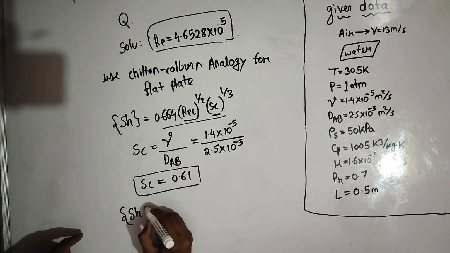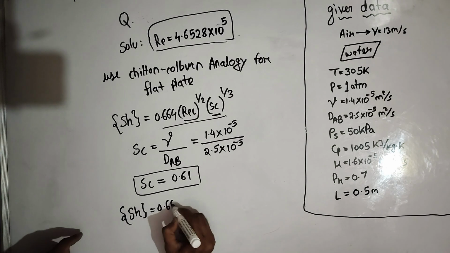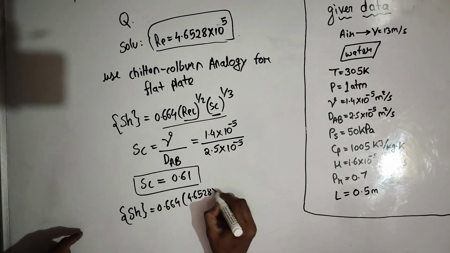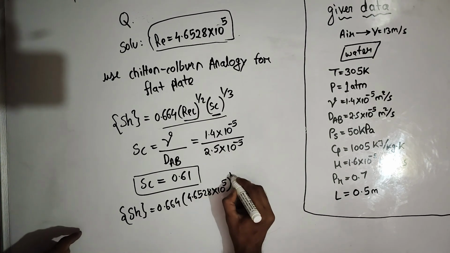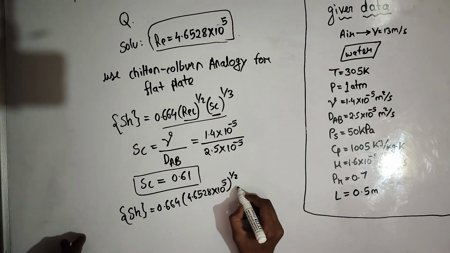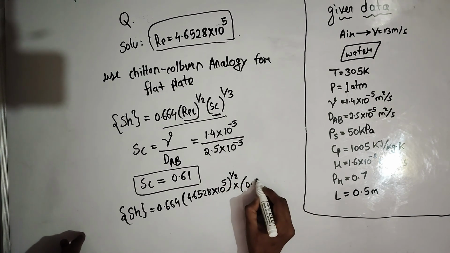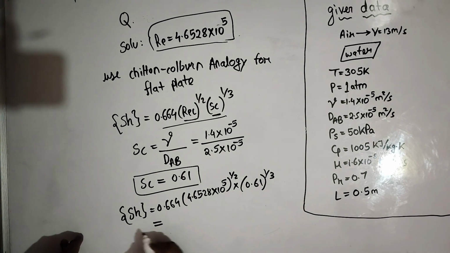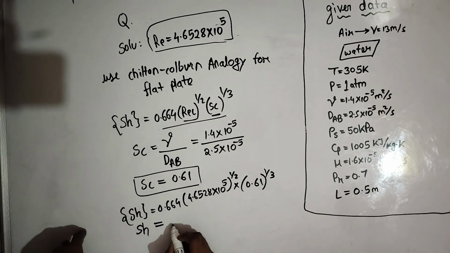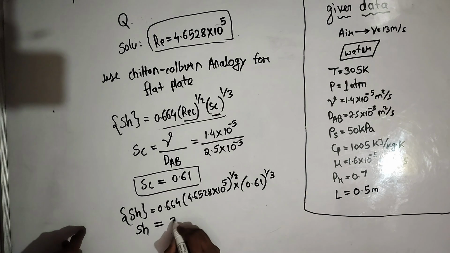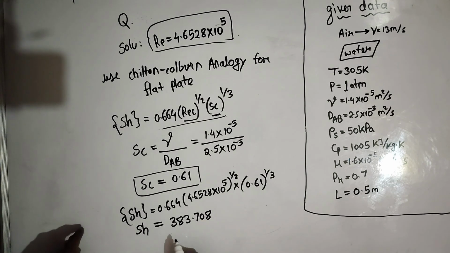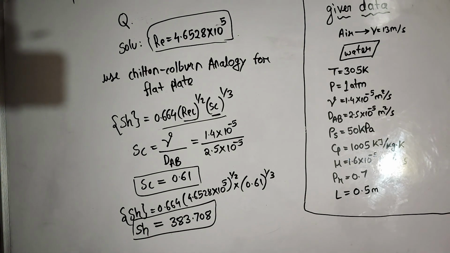So Sherwood number equals 0.664 into 4.6528 into 10 to the power 5, to the power 1 by 2, into Prandtl number 0.61 to the power 1 by 3, and from this equation we get our Sherwood number as 383.708. So this is the Sherwood number that we get after solving the Chilton-Colburn analogy.